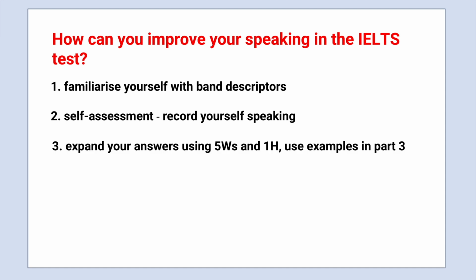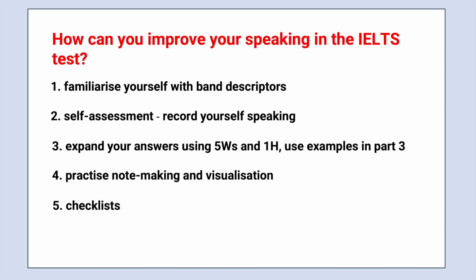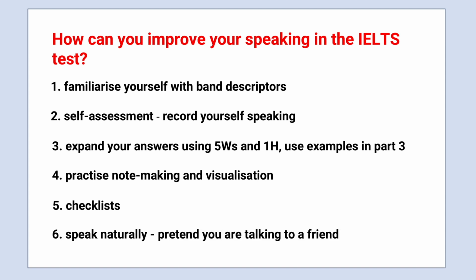Three, expand your answers using the 5 W's and 1 H. Use examples in part 3. Four, practice note-making and the technique of visualization. Five, use checklists like this one so you remember what you need to do. And lastly, remember, speak naturally. Pretend you're talking to a friend.